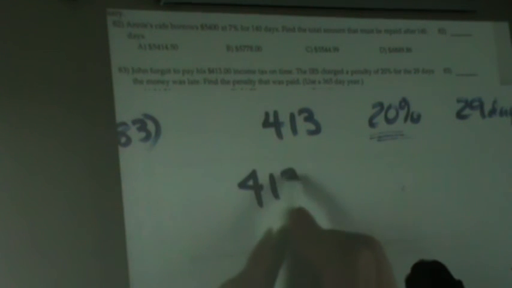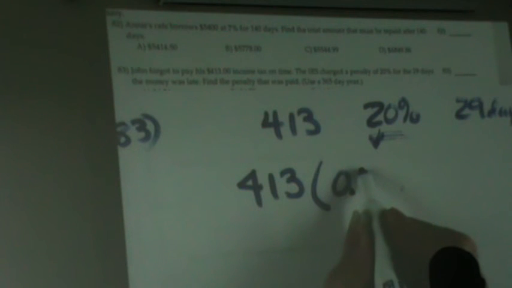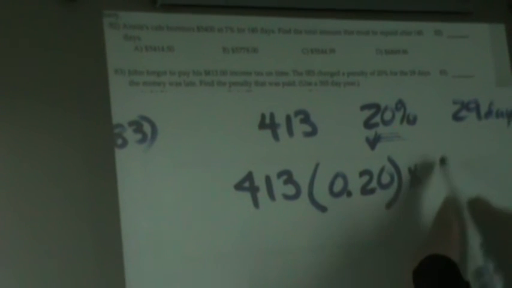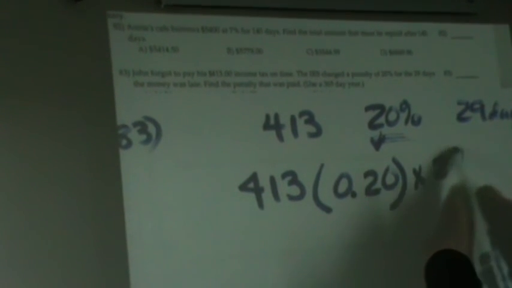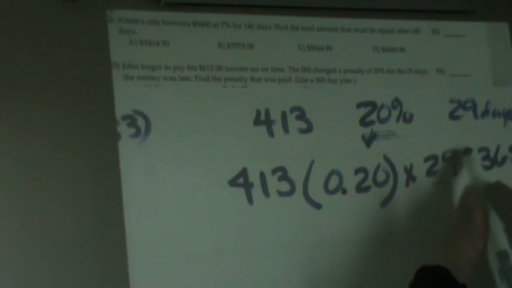Okay, so you have what he forgot, the percent as a decimal. What is 20% as a decimal? Yeah, you can put the 0, you don't have to. And then the days. Divided, yeah, you can put it over 365 or just write it, divide after it.